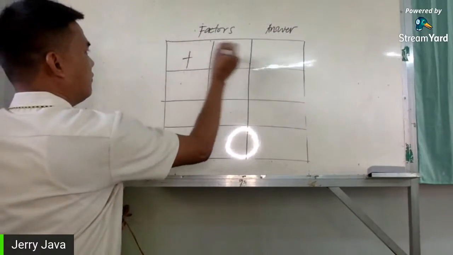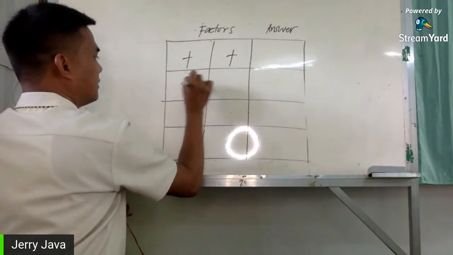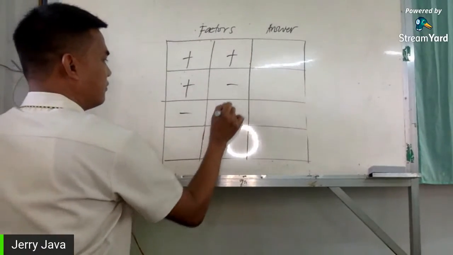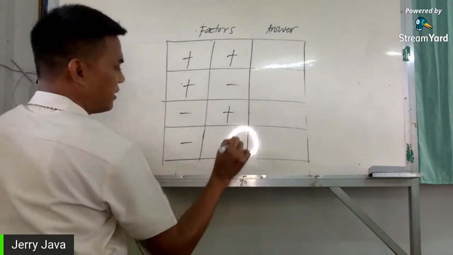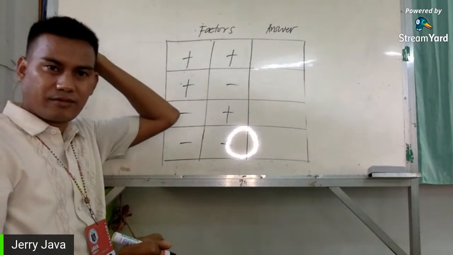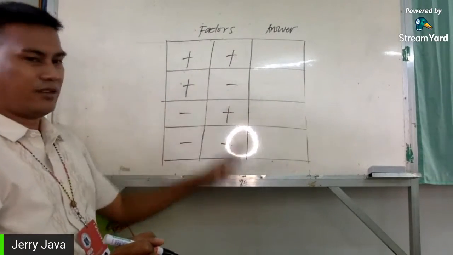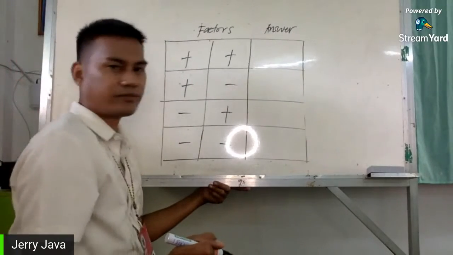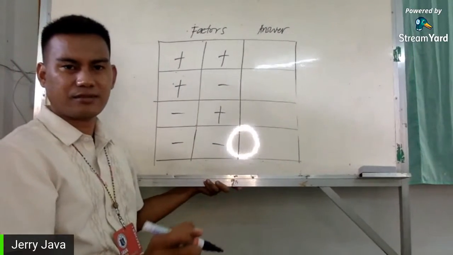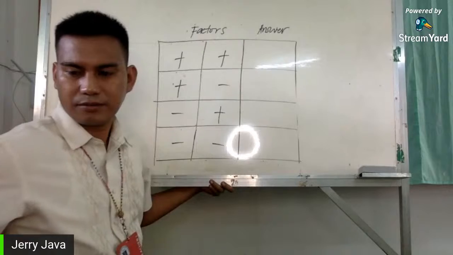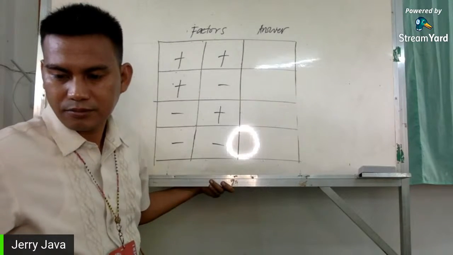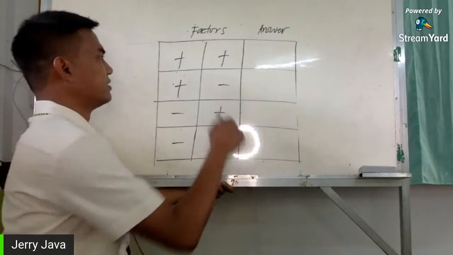So you have here positive, positive, positive, negative, negative, positive, negative, negative. Copy this. Let's have this.